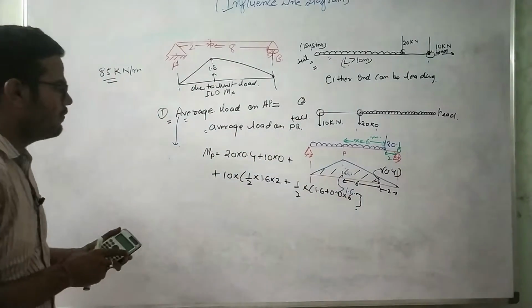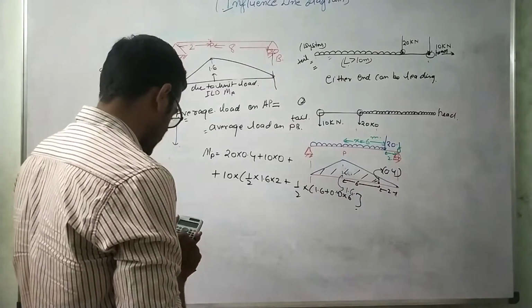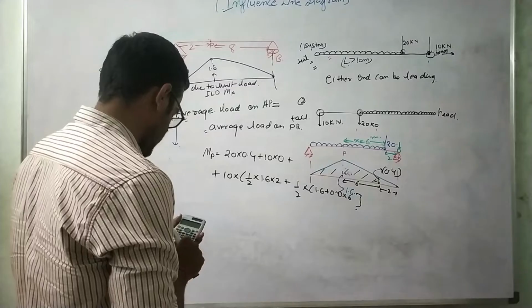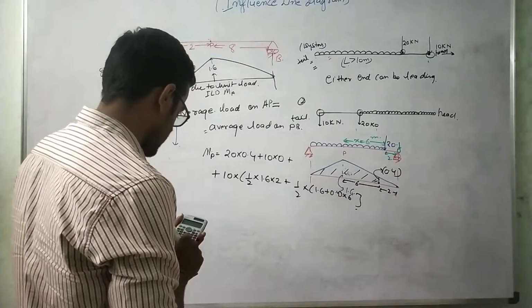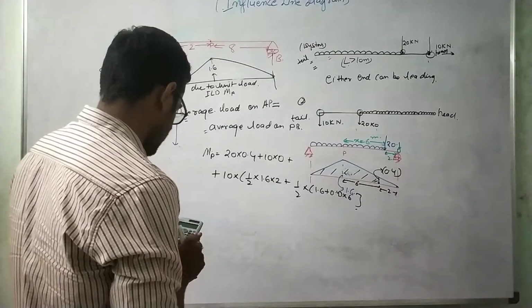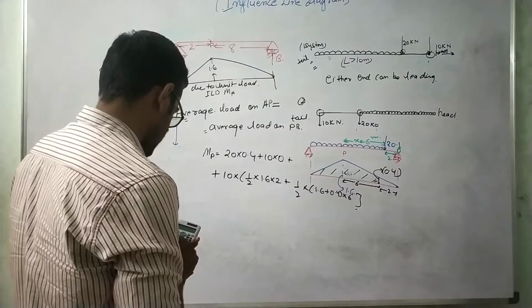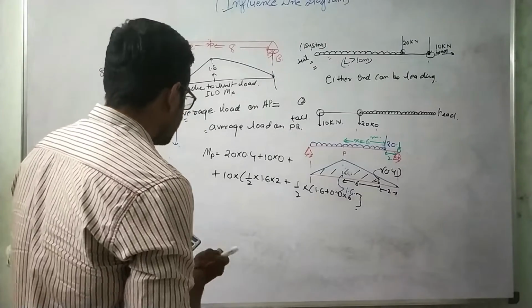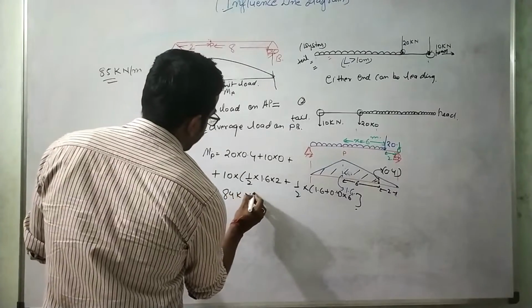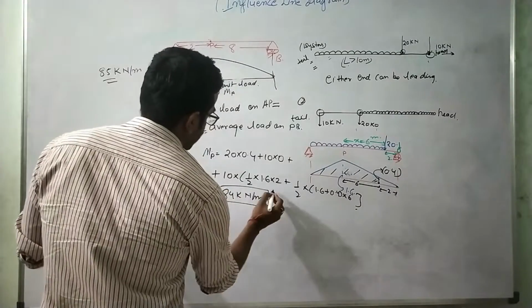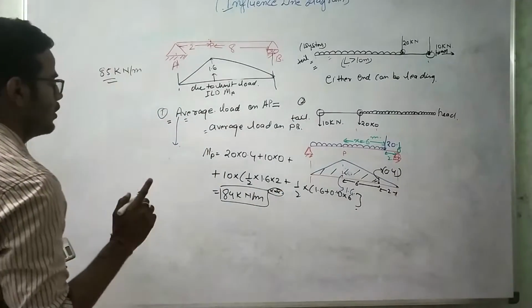So if we calculate this value, it comes out to be 84 kilonewton meter. So this is another case for which the value comes out to be 84 kilonewton meter.